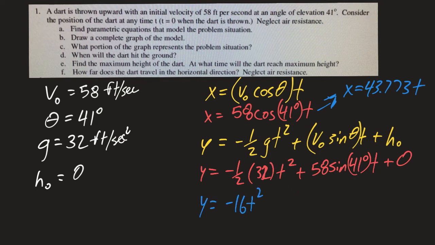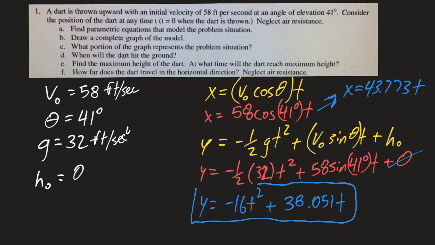And then 58 sine 41 is just going to be equal to 38.051. Okay, and this last term, the 0 doesn't do anything for us here. This has a t with it, let's not forget that. And here we go, here is my y equation and my x equation in their functional forms, guys.